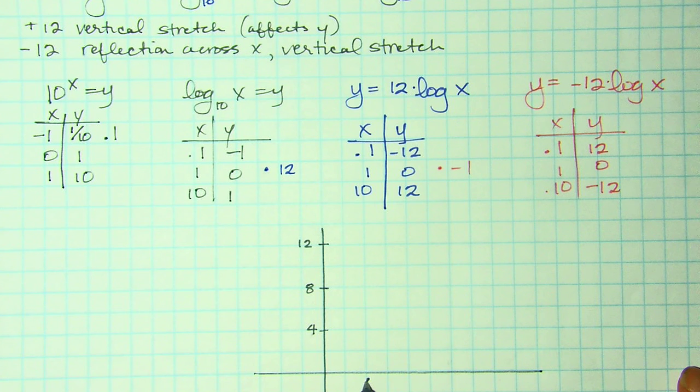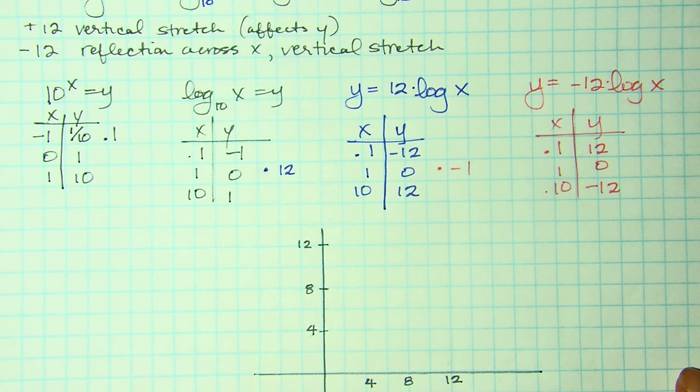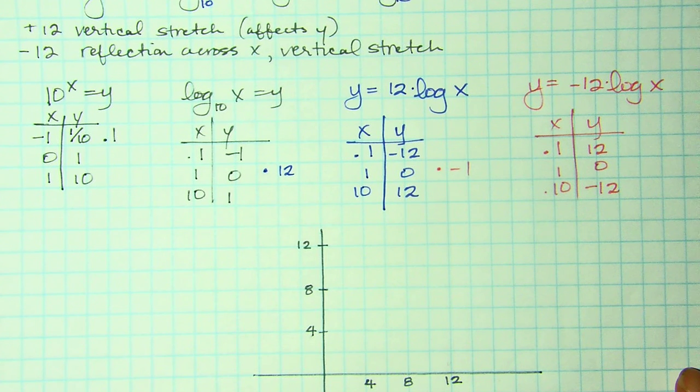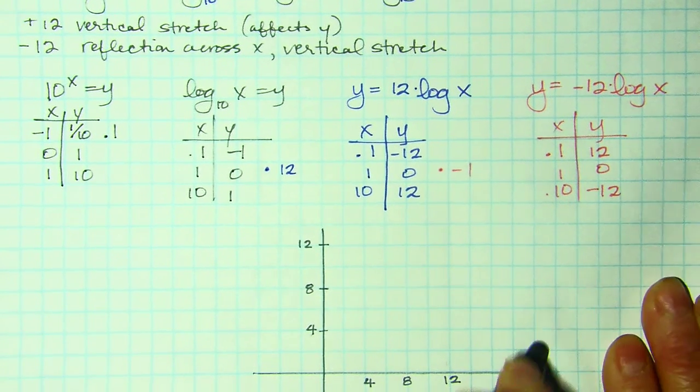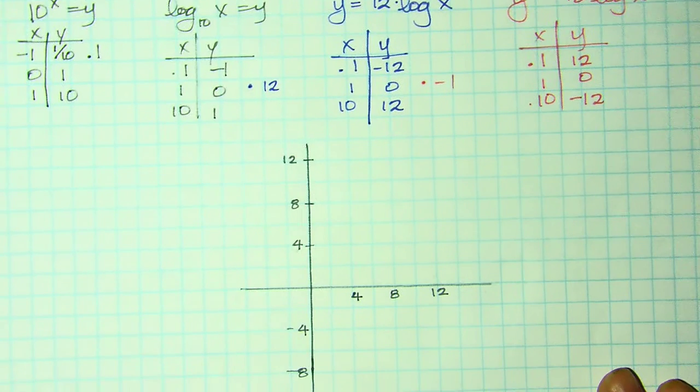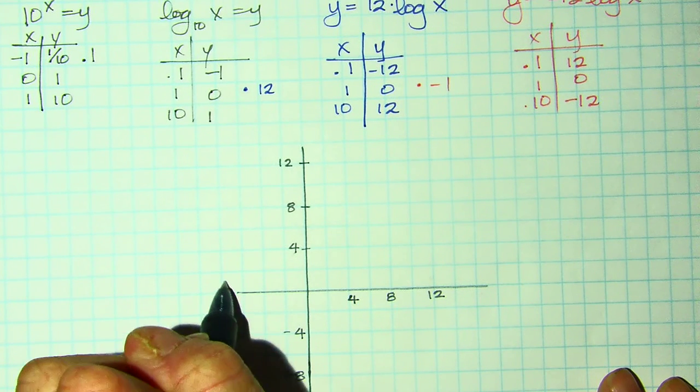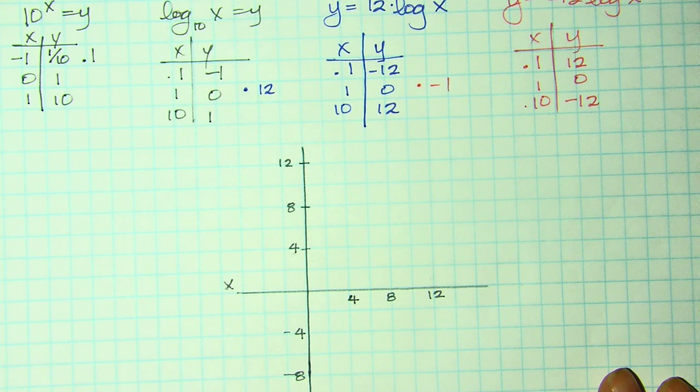So 4, 8, 12, negative 4, negative 8, negative 12. Okay, so I've got my x value, and here's my y value.